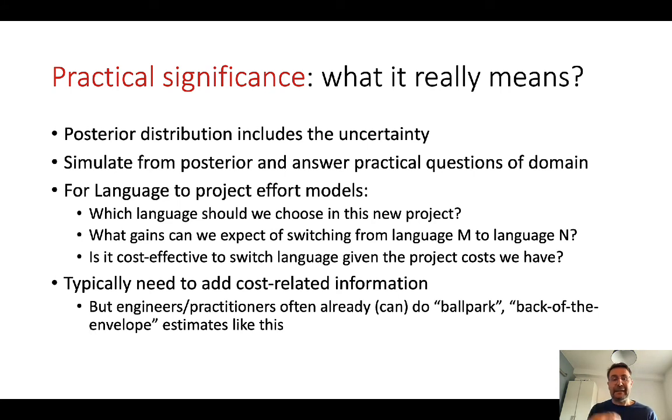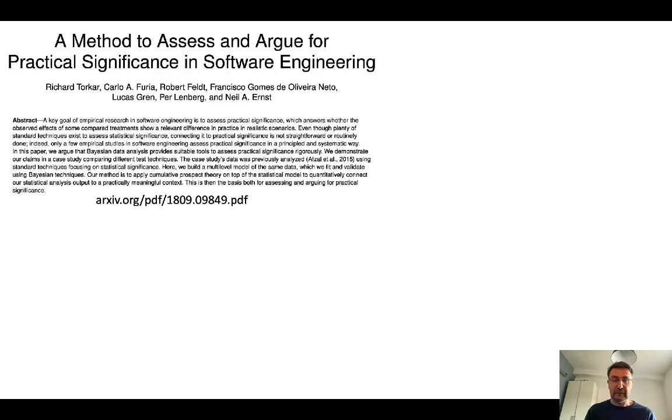But this last step will typically need us to solicit or collect information from the experts in the domain. In some sense, we have found that engineers and practitioners often can already do these kinds of ballpark, back-of-the-envelope estimations of costs, and then we can run with that.